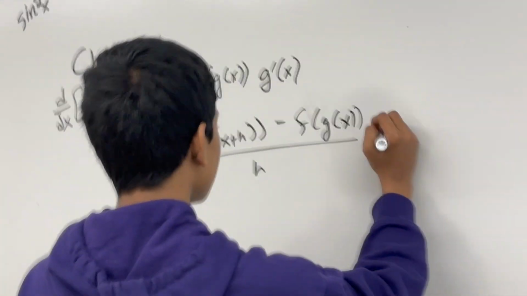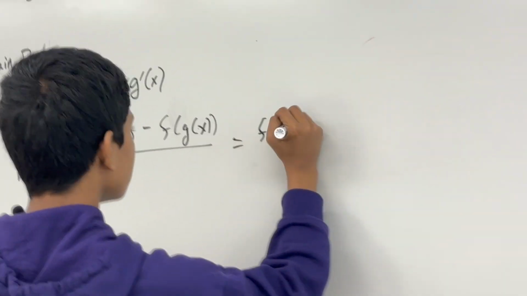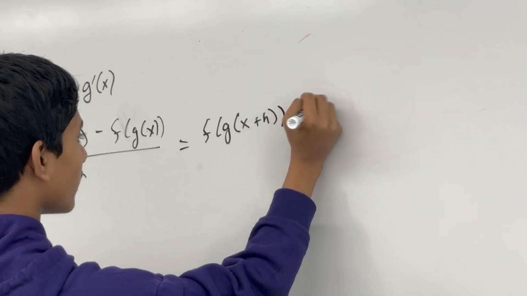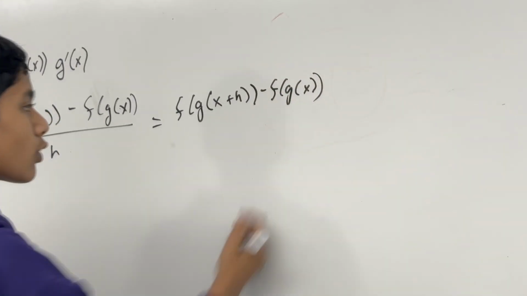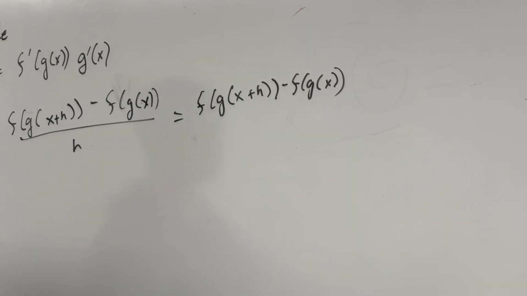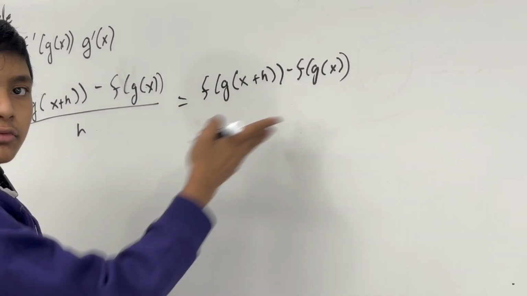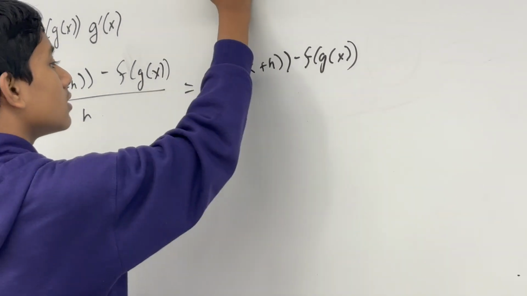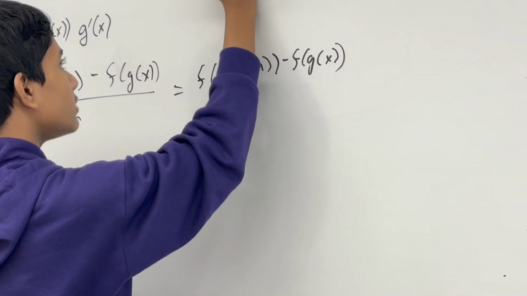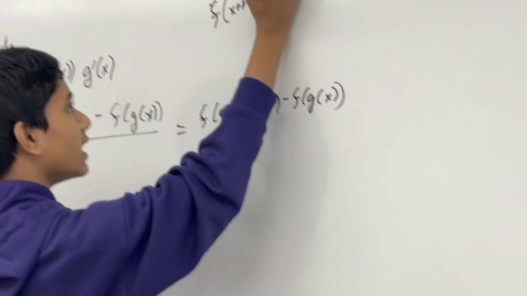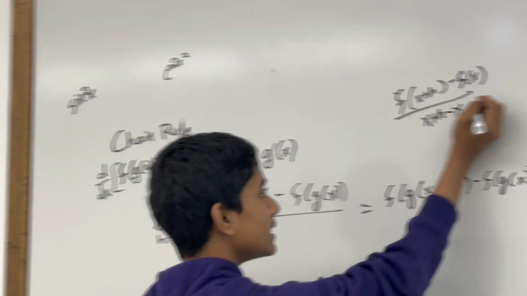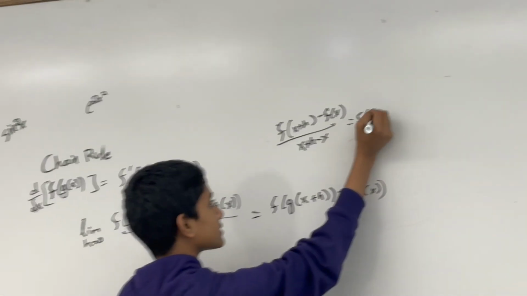This is equal to f of g of x plus h minus f of g of x, and let's ignore what the rest says. Let's pretend this is what we have right here. Doesn't this look similar to something? Like, we know that f of x plus h minus f of x divided by x plus h minus x is equal to f prime of x.